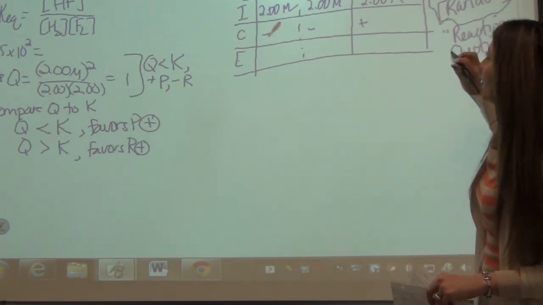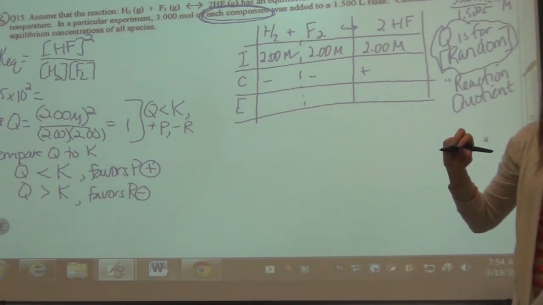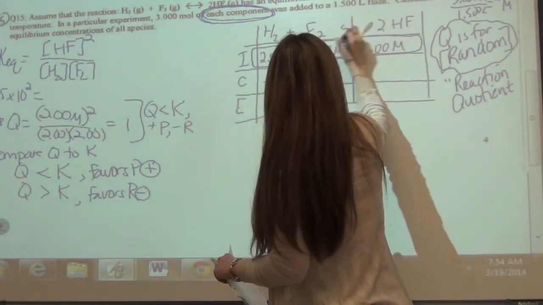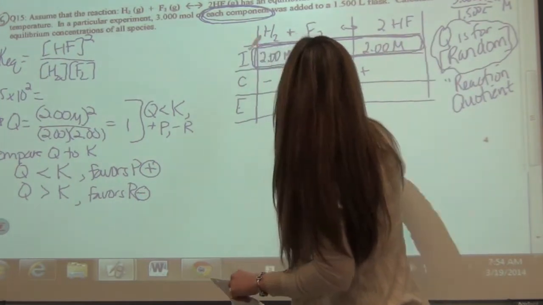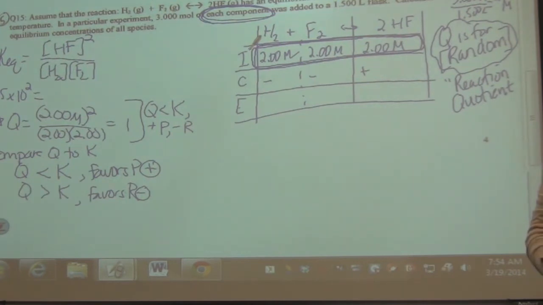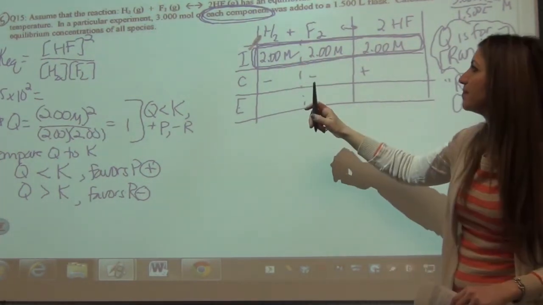All right, so what's going to happen in this case is we don't know any of our change step. This is what we started with, right here, and we don't know anything in our change step. Guess what you call it when you don't know anything? X. Yay, we're going to use X. What's the easiest one to call X?